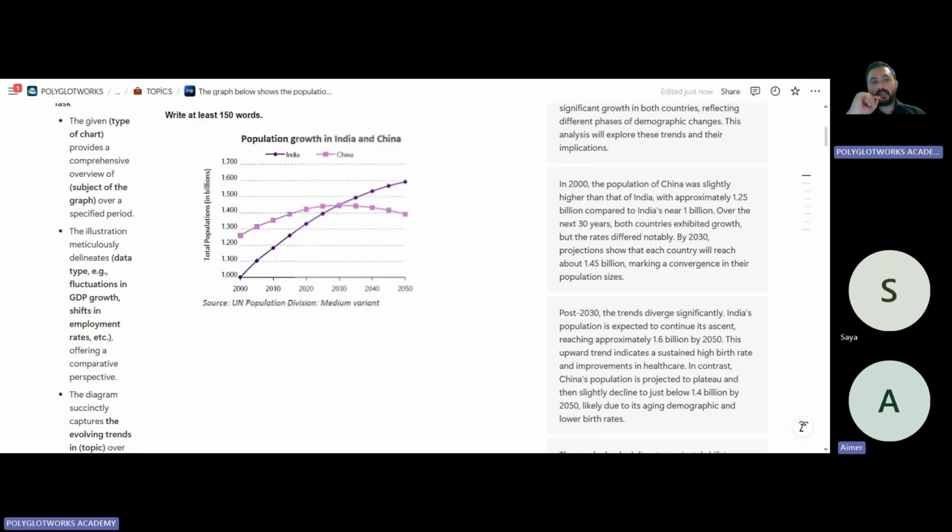No. Substantial is significantly important. Important, vital, significant, substantial. Margin, the difference between them, number. The gap, substantial margin. It means it is surpassing, it is dominating, but the gap between them is amazing. Potentially due to different socio-economic or governmental approaches to population growth, population control, I can say.